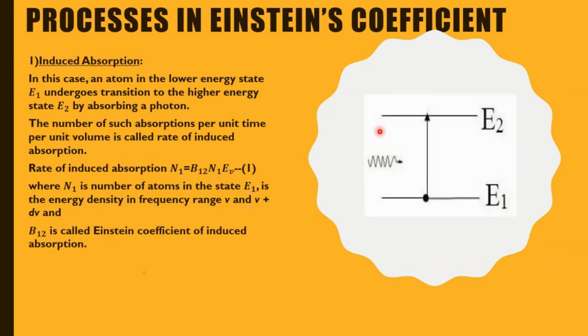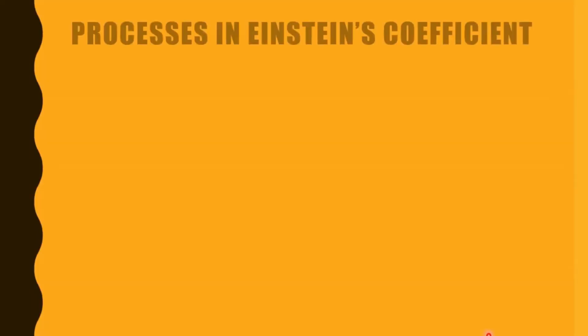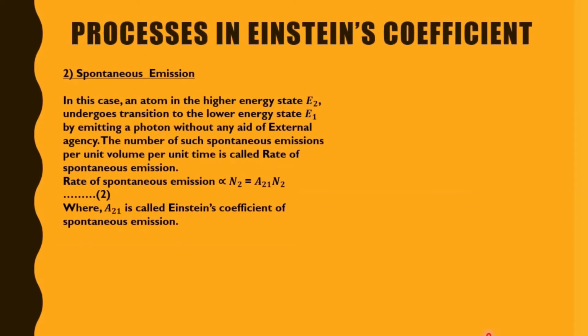So the transition is happening from E1 to E2 with the absorption of a photon, and the number of such absorptions per unit time and volume is the rate of induced absorption, given by B12 N1 Ev, where Ev is the energy density.